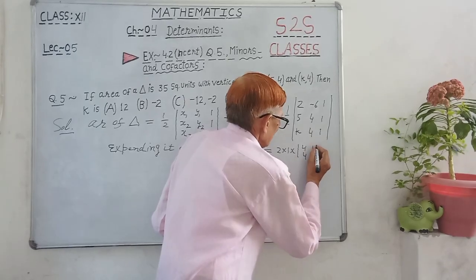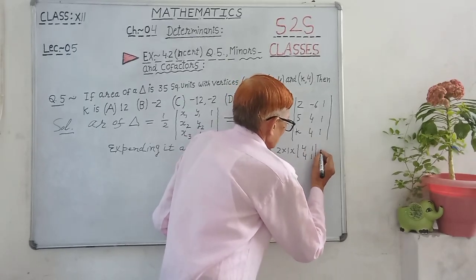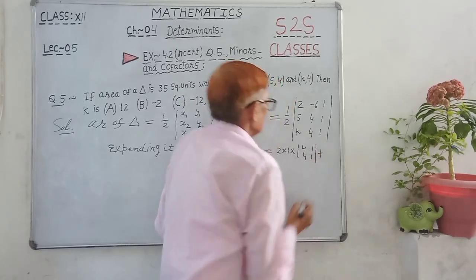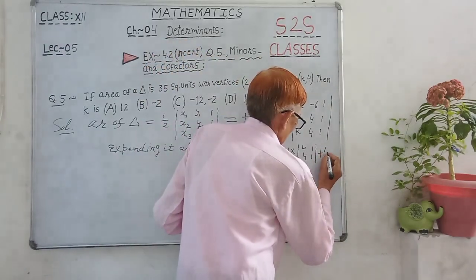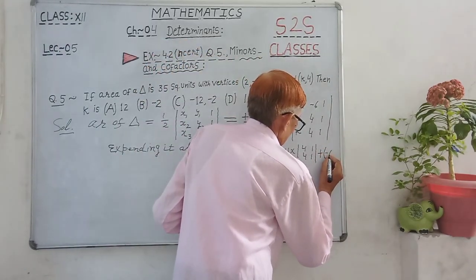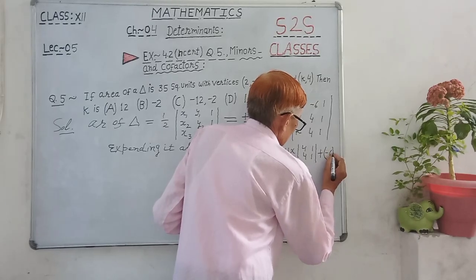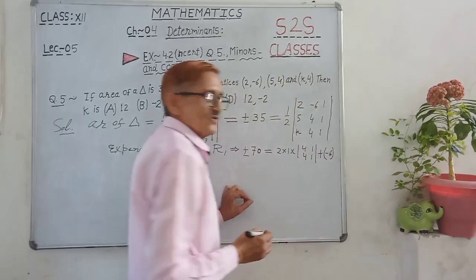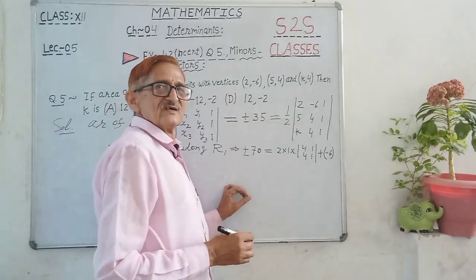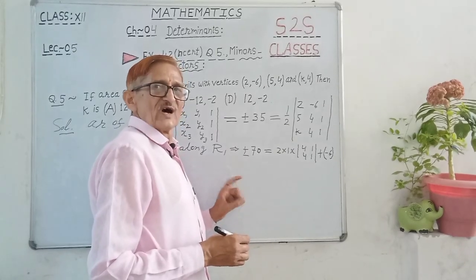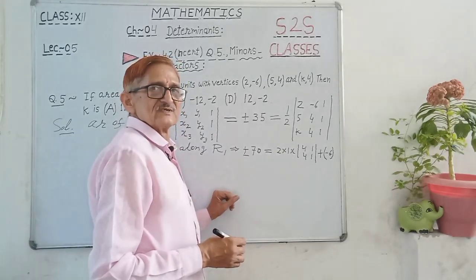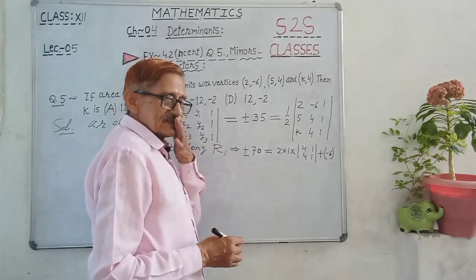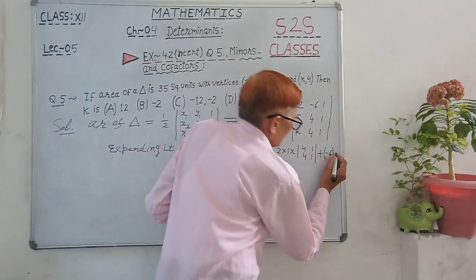4 1, this. Then plus the second element, minus 6, and its i plus j sum is odd because it is A12, so i is 1, j is 2, the sum 3 is odd, so multiply by minus 1.